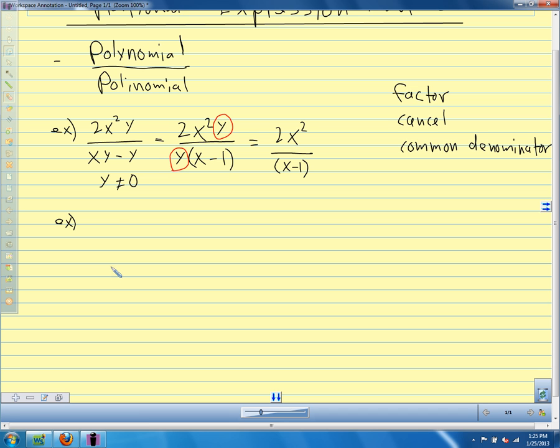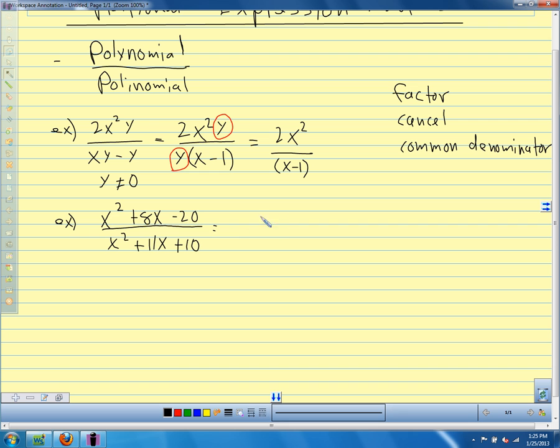All right. So let's look at a little more complicated example. x squared plus 8x minus 20 over x squared plus 11x plus 10. We want to simplify this. So what can we do here?